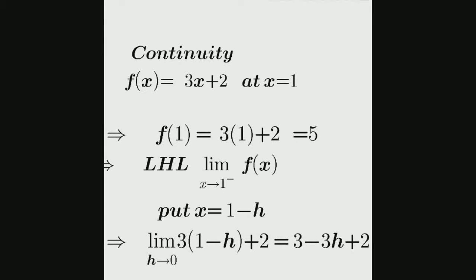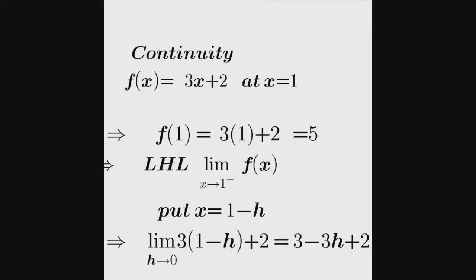Let's understand the concept of continuity with the help of an example. We have the function f of x equals 3x plus 2, which is defined at the point x equals 1. First, put x equals 1 in the function. You get the value of the function at point 1, which is equal to 5.